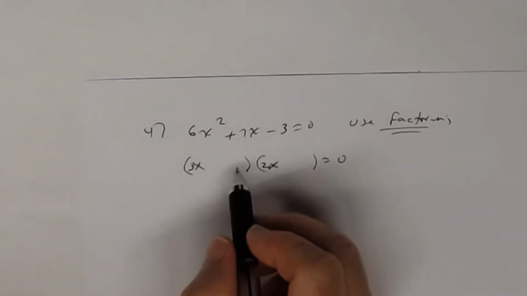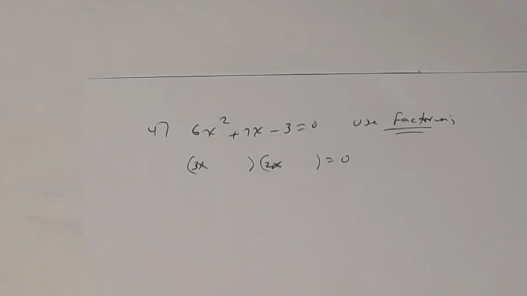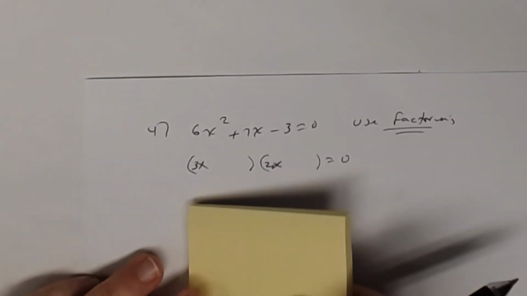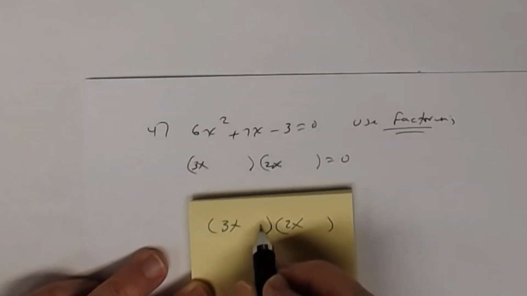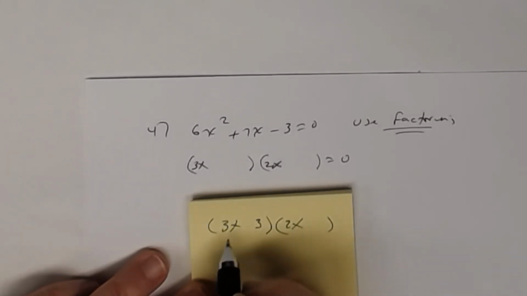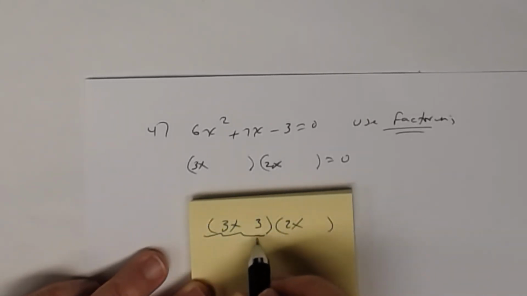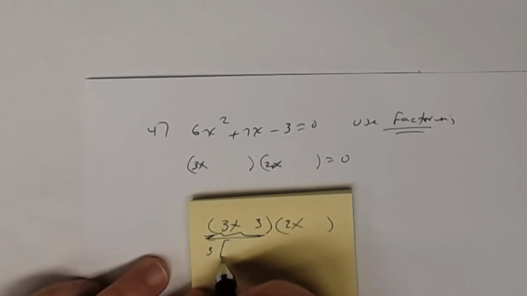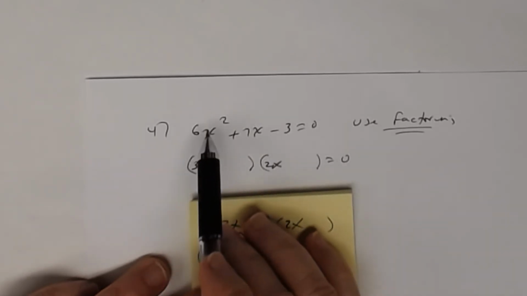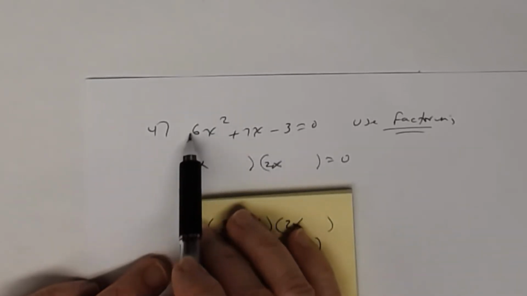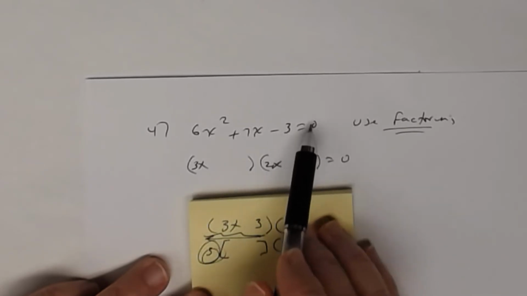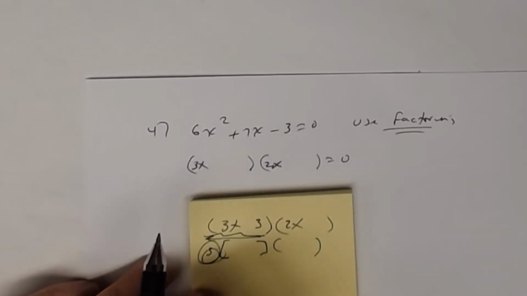Now, we talked about this before, and I want you to remember this. Let me go ahead and rewrite this over. If I put the 3 here, then that means I could factor out a 3, which means that 3 has to go into every term that you see here. 3 goes into 6, 3 goes into negative 3, 3 goes into 0, but 3 does not go into 7 evenly.